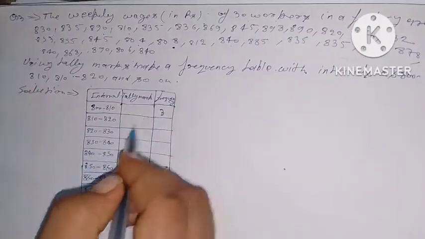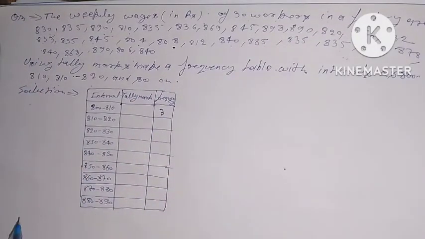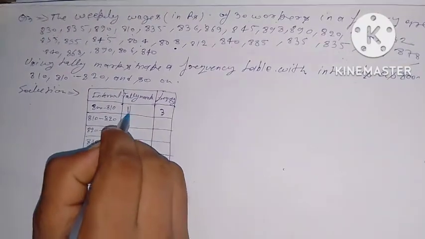Then the frequency is 3. The tally marks are 1, 2, 3.